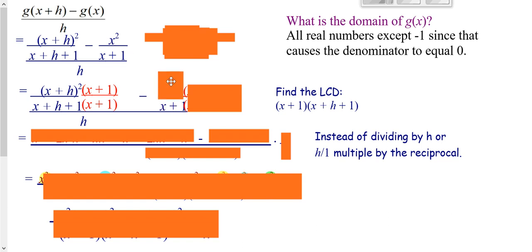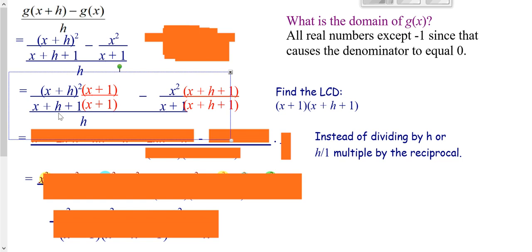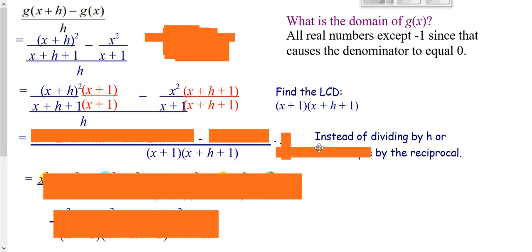Take our second fraction, multiply it top and bottom by a special form of 1, which happens to be the other part to get our common denominator. So multiply the top and bottom both by that. So now our common denominator, x plus h plus 1 times x plus 1, is what we have on the bottom.